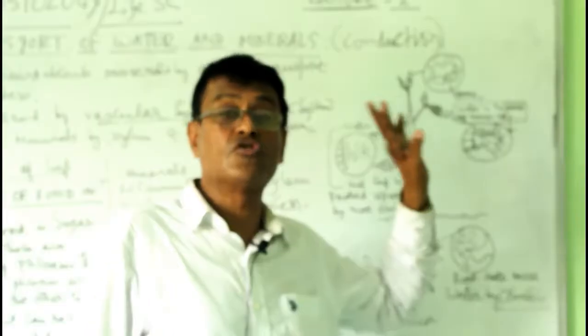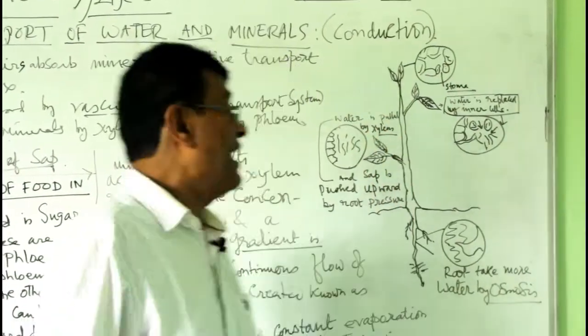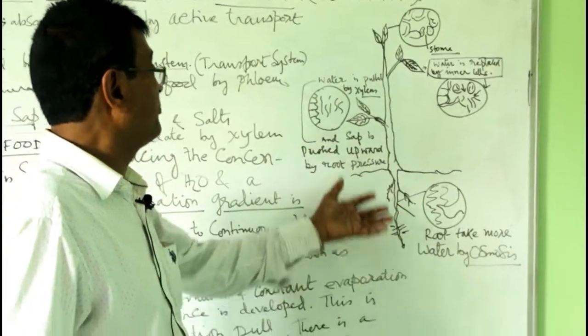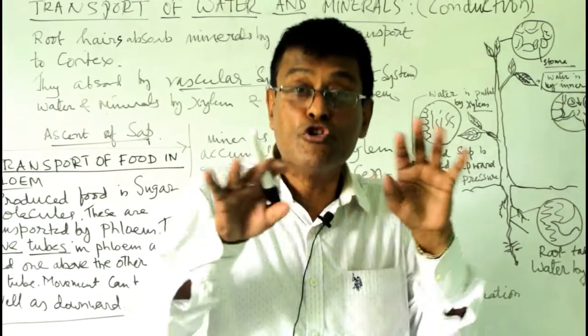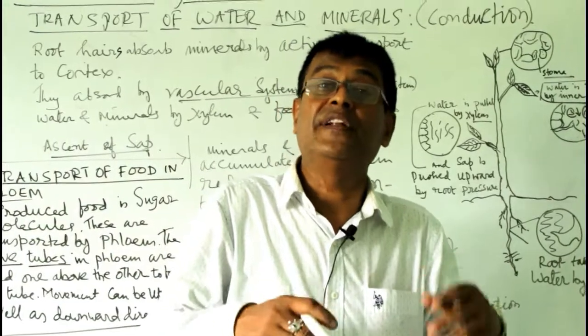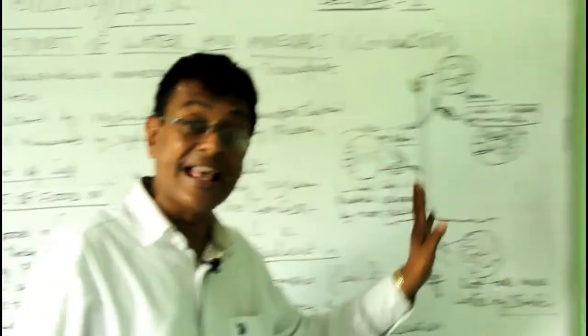And whenever a shortage of water comes, the stomata close themselves. And sometimes, by the shortage of water, the leaves droop, and the loss of water can even cause the death of the plant as well.